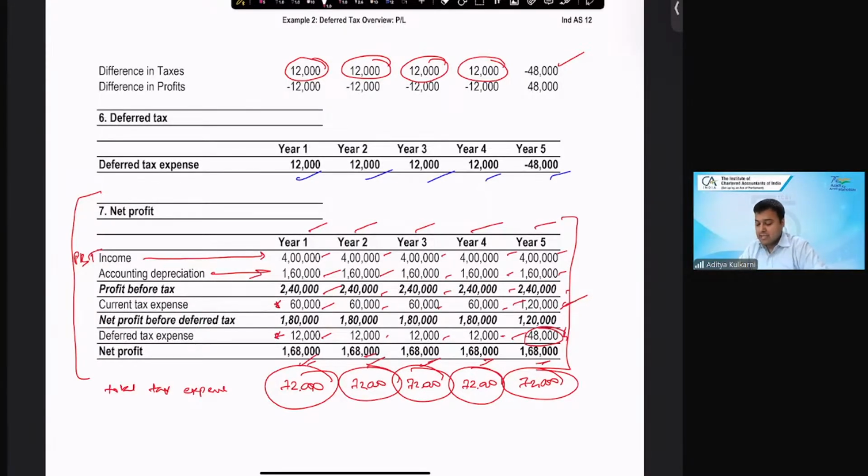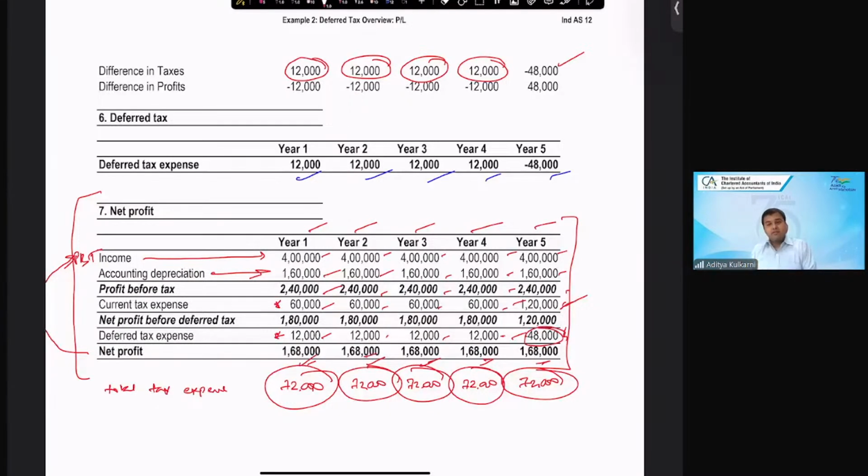Can I say that now it makes sense to my P&L because P&L has the same profit. Tax expense also is having more or less the same profit, the same tax cost. Yes or no? Yes, sir. So that is the purpose of your deferred tax.